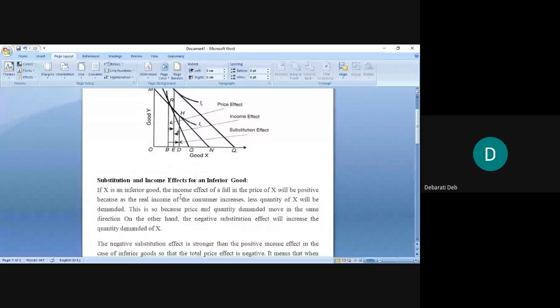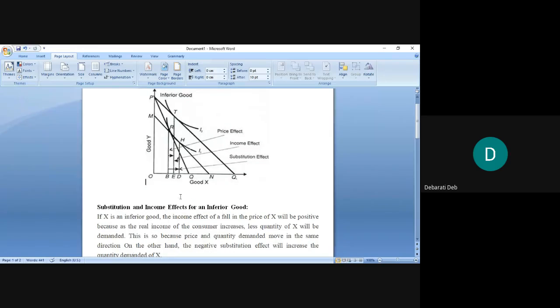So, in case of inferior goods, what will be the case with respect to substitution effect and income effect, that we will learn in this topic. Now, say we are assuming a good X, and we are assuming that this is an inferior good. Why am I showing you this word file?